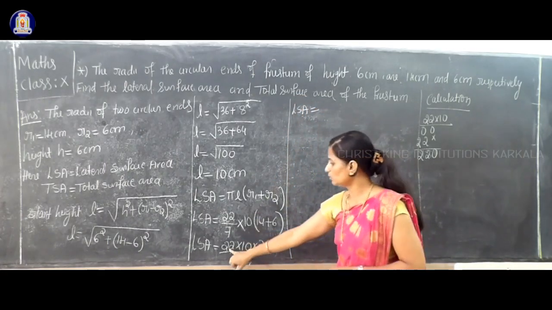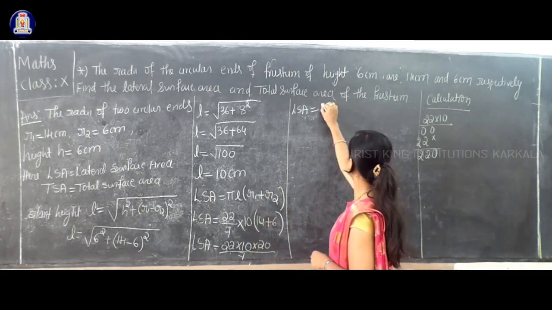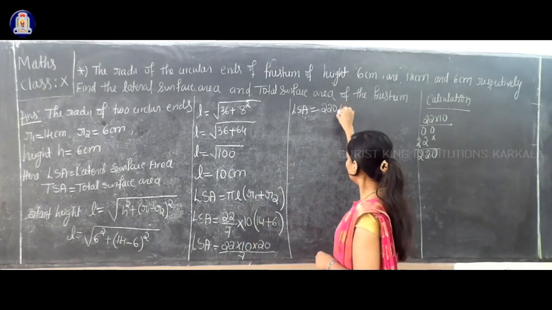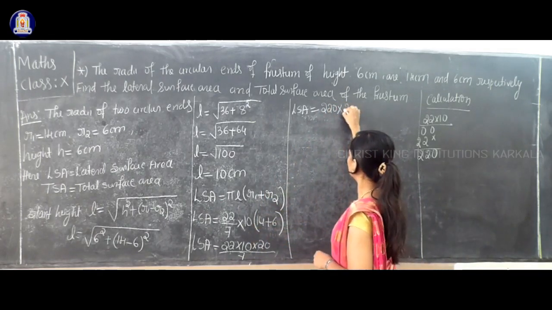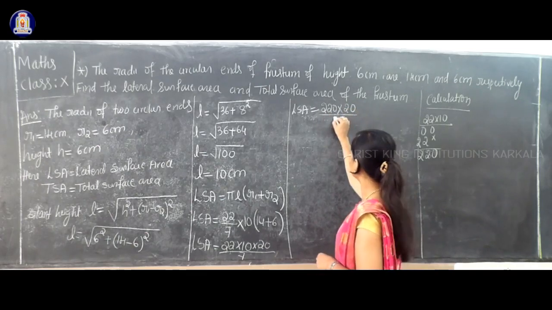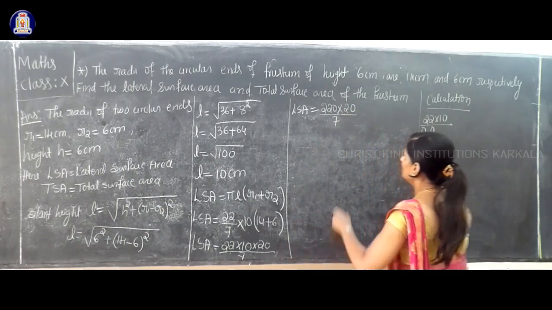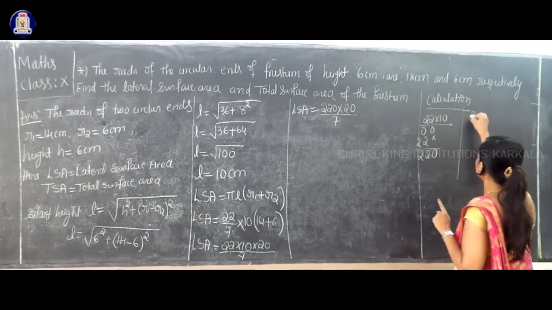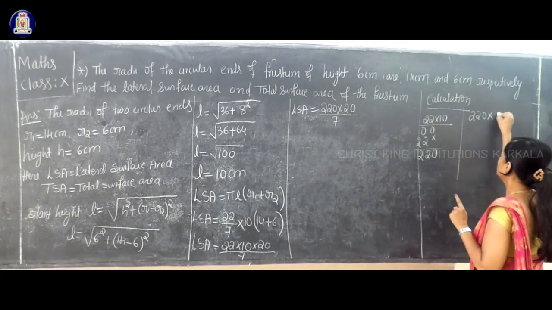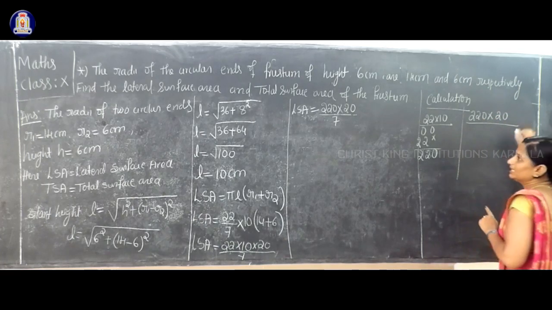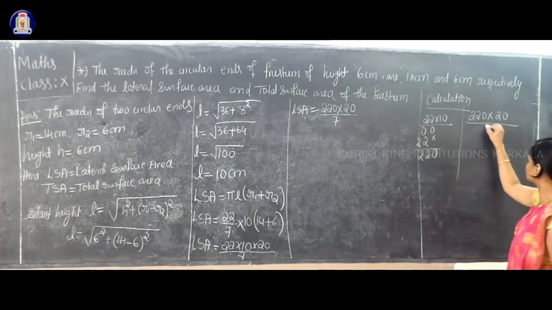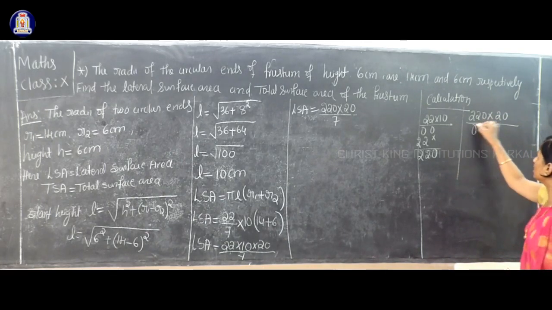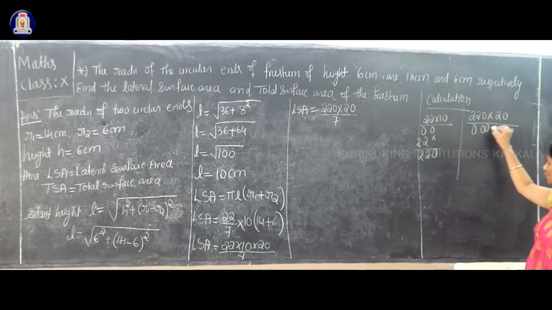So lateral surface area is equal to 22 into 10 is 220, into 20, divided by 7. Now 220 into 20. 0 into 0 is 0, 0 into 2 is 0.